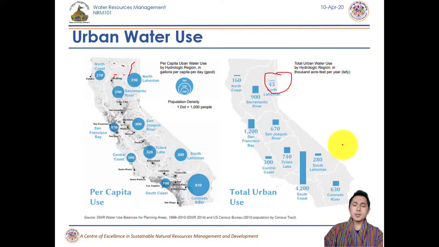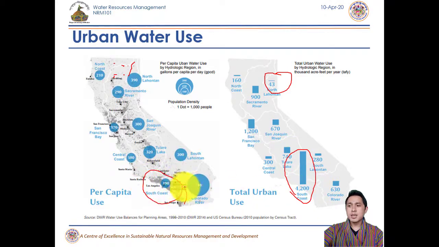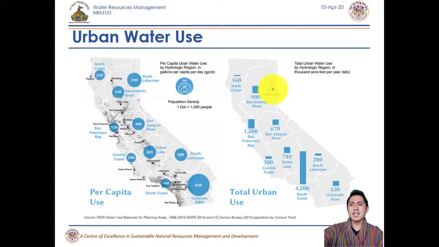Again, just wanted to show that wherever the population is high, the water use is very high. We took the example of the south coast where the population density was very high, and we saw that the water use is very high. Wherever the population is less, or the urbanization is less, the water use is again less.